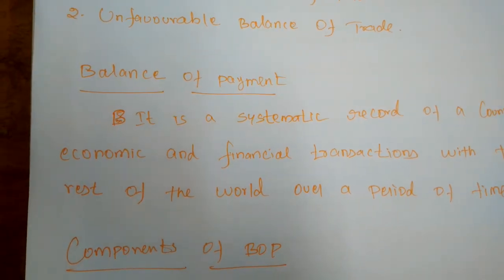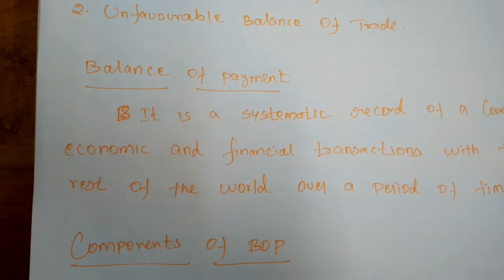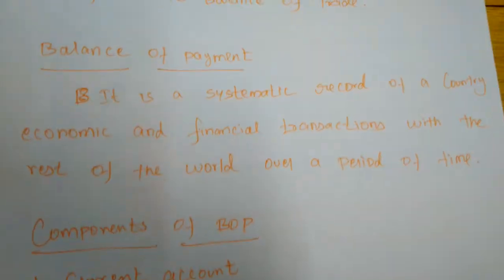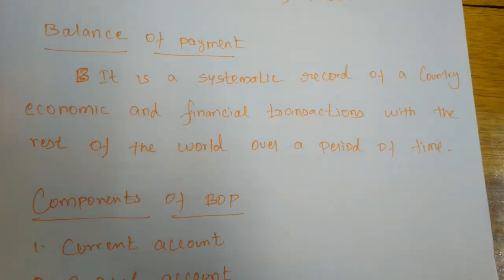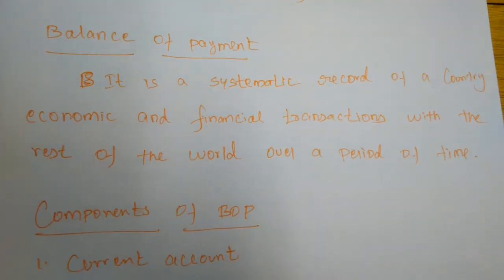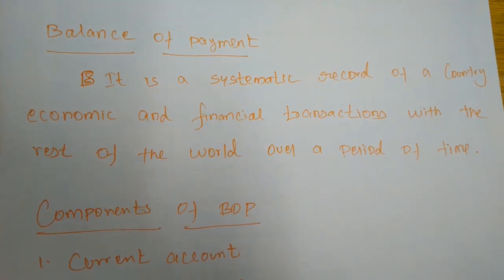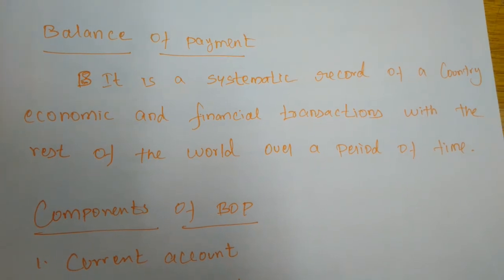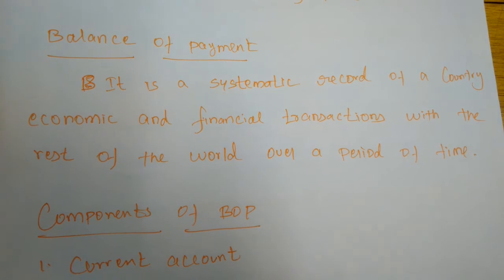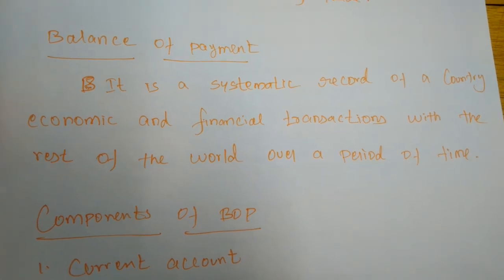When the receipts are higher than the payments, it is called a favorable balance of payment. So we have to receive more money from other countries; that is considered a favorable balance of payment.